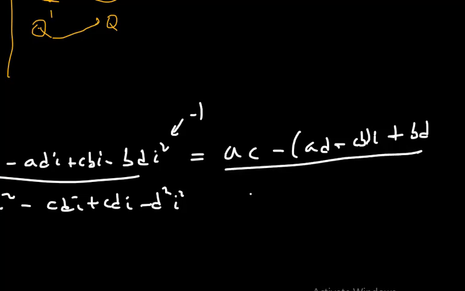Over, now you have c squared, but the middle value becomes 0 because they are equal and opposite. So minus d squared times i squared, which is minus 1.